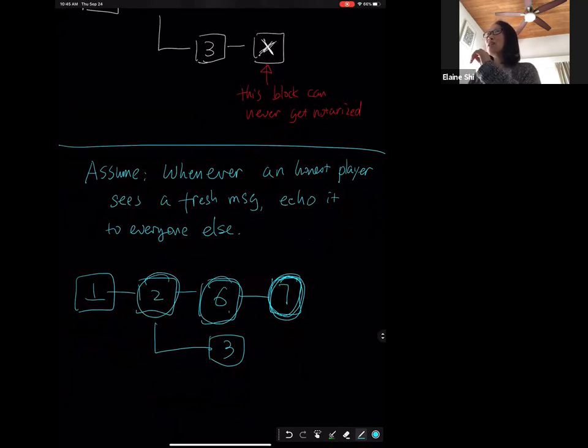Because if you think about it, if 6 didn't get notarized, it could be I didn't see it, but someone must have seen it notarized, right? So if I see 7 notarized, you can assume the entire prefix is notarized, but it doesn't matter. Because I define notarized as every block needing to be notarized, even if you reject it, everything still holds.